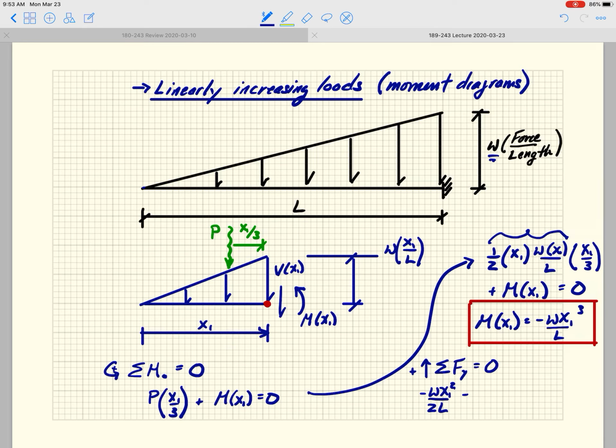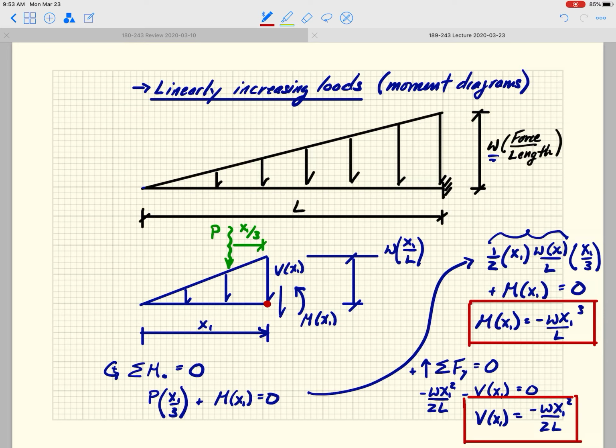And then I also have a minus v of x1, and that is also downward, so that is also negative. And when I solve for v of x1, it is minus wx1 squared divided by 2L. And I will box that guy as well.